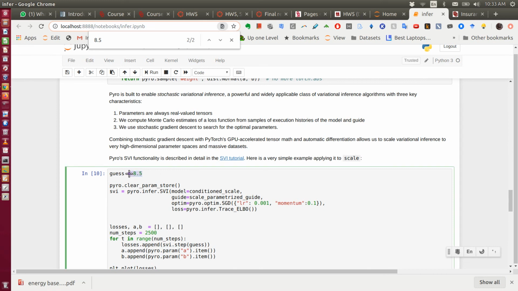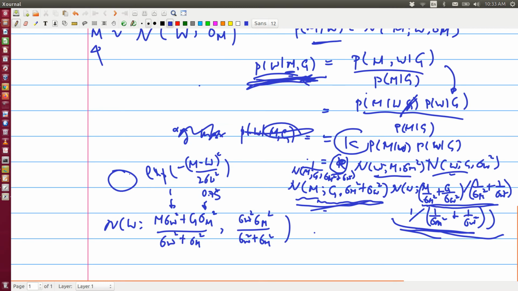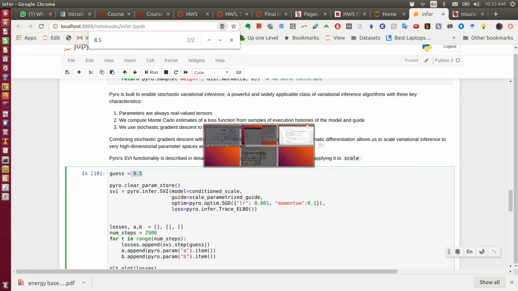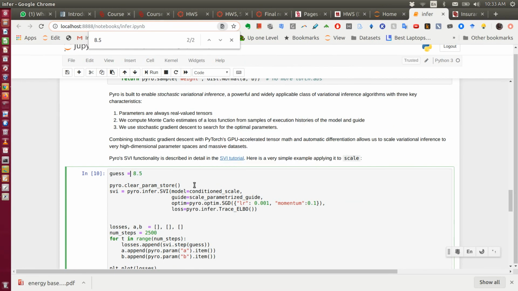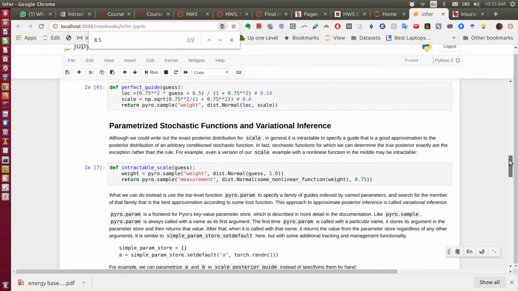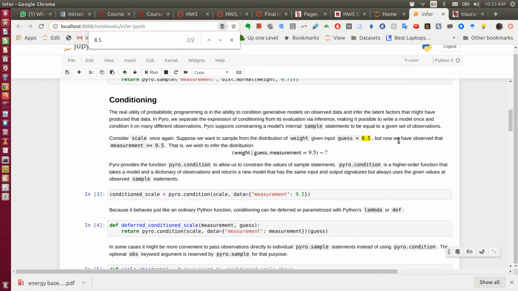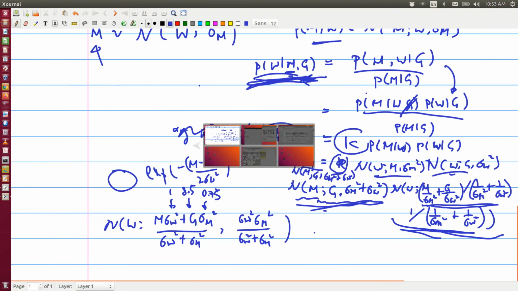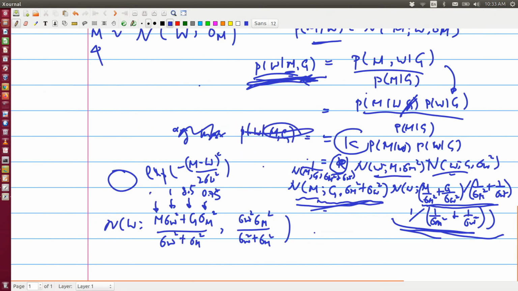Gas is 8.5. And the measurement originally is 9.5, right? Originally 9.5, I want you guys to change to 10. So even without looking into the code here, we can get the analytical result.